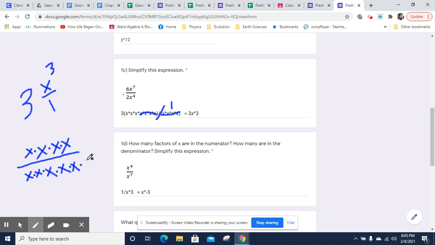Now I've got 5 x's. Now I've got 6 x's. Now I've finally got 7 x's. Yay! There's my denominator. And this one goes bye-bye. This pair goes bye-bye. This pair goes bye-bye. And this pair goes bye-bye, and I'm left with just a 1 in the numerator and 3 x's in the denominator. And that's how that works: 1 over x cubed, or x to the negative 3rd power.